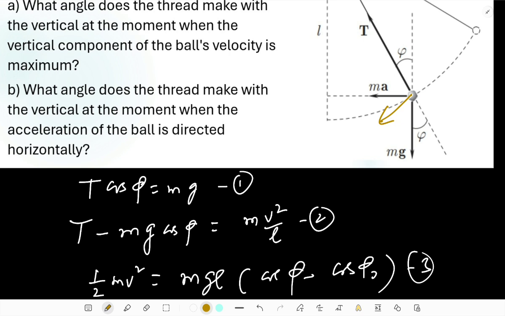You can get your extremum by equating the derivative of velocity squared with respect to cos phi to 0, and you can get your result. Thank you very much. There is another way, always another way.